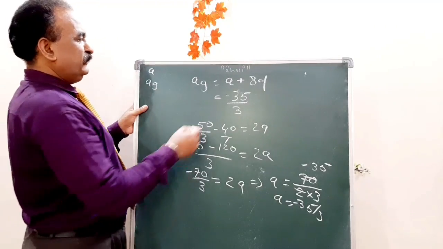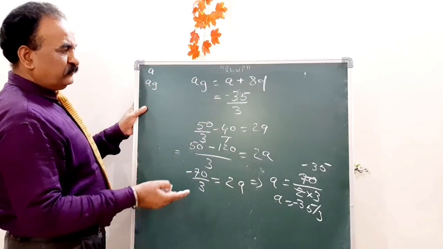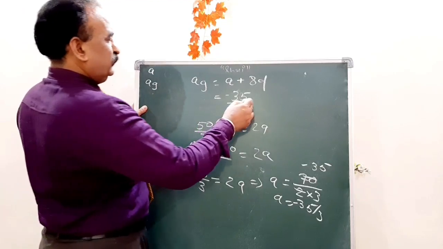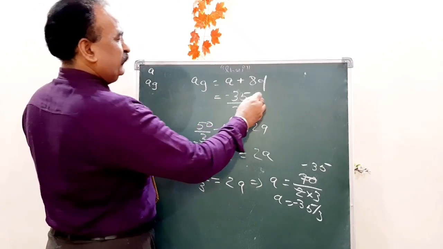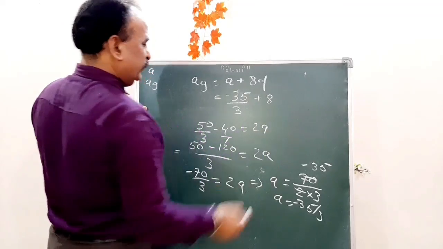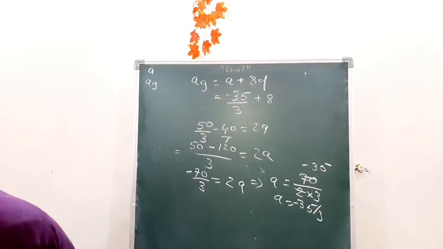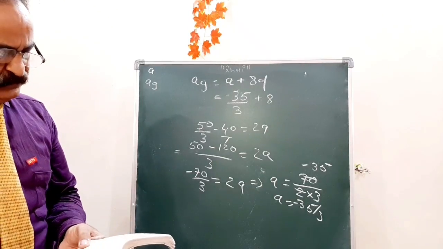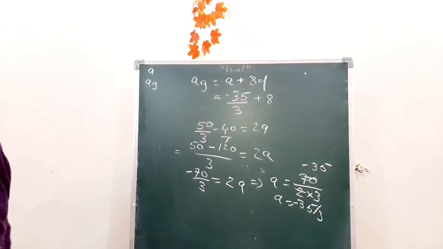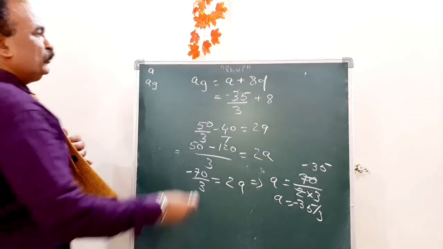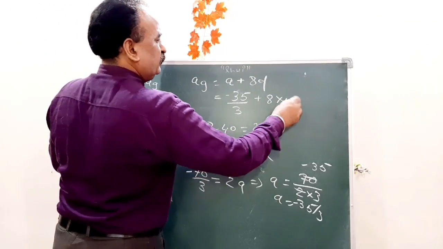And tell me what is d? d is 5, given to you. So 8 into 5 you can write.